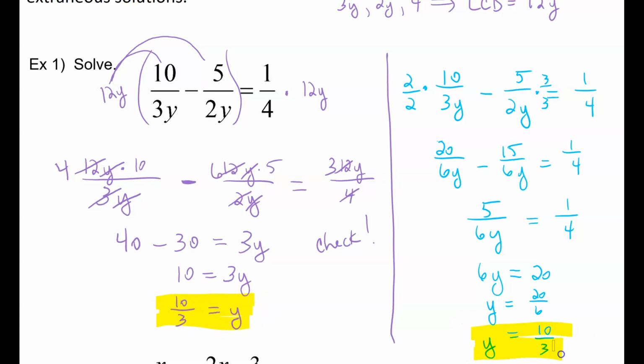Usually it's quicker to do the thing I showed you first, just clear all the denominators. However, sometimes you have problems where you already have a common denominator, and so it's easier just to combine into one and then cross multiply. All of them are just slightly different.